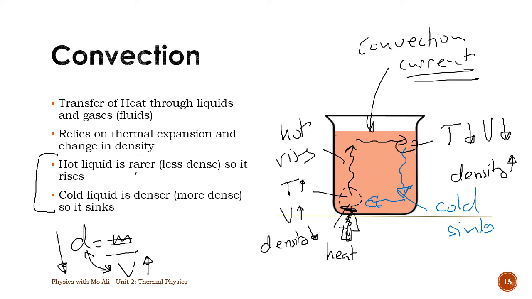So when something has a lower density than the liquid it's in, it experiences a lot of upthrust, so it floats, so it rises up. Whereas when something is more dense than the surrounding liquid, it has a lot of weight compared to the upthrust, so it sinks. That's why things float or sink.